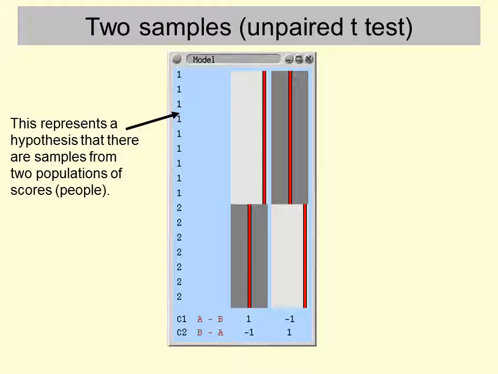Okay, so let's take a look at what the design matrix will look like for an independent samples or unpaired t-test. This is the situation where you've got two groups of participants and you want to test the hypothesis that their patterns of activation come from two different hypothetical populations of activation. So I'll give you a couple of examples.